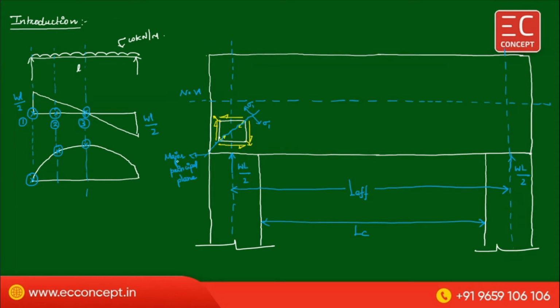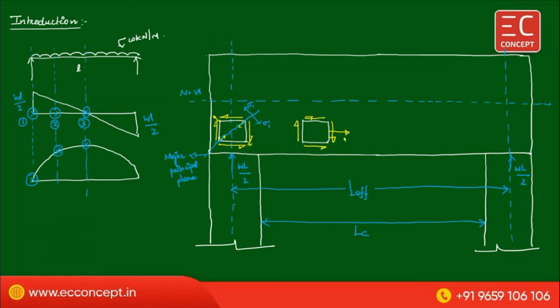Now the second point that we are going to take is somewhere here, point number 2. This second point is subjected to not only shear force but shear force and bending moment.